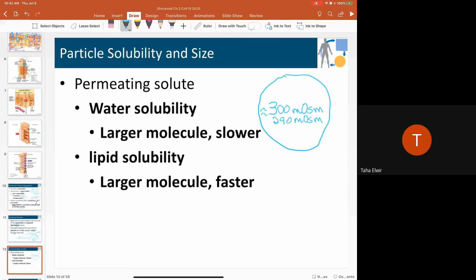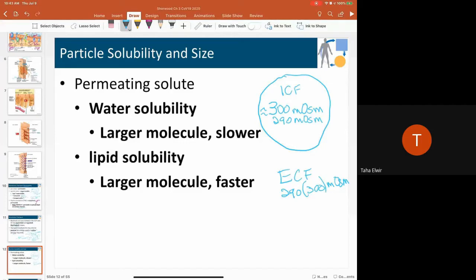In order for water not to move into the cell or out of the cell, so this is the ICF, the ECF must be at 290 or 300 milliosmoles.